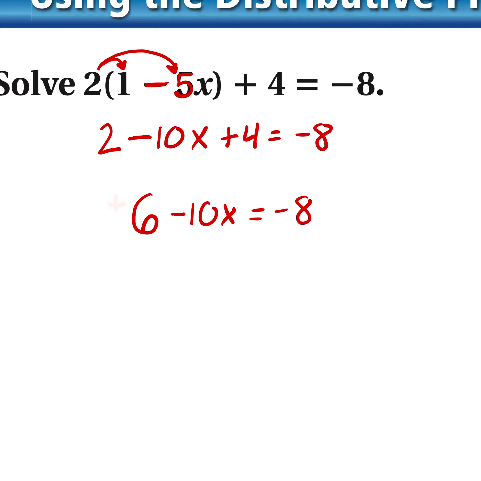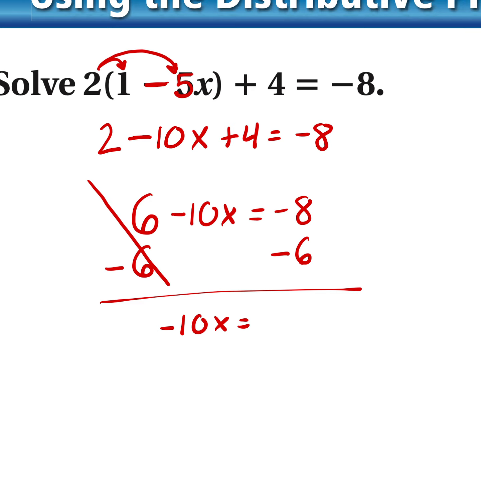We have to do the opposite of that, which is negative 6, or, subtract 6. Now if I subtract 6, do you see how these ones cancel out, which is what we want? So now I have negative 10x equals, signs are the same, so I just add. 8 plus 6 is 14, and they're both negative, so I'm going to keep the sign of negative 14.